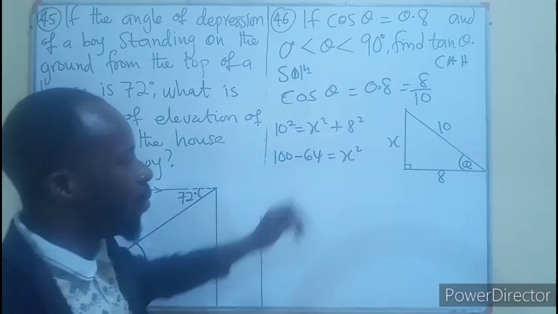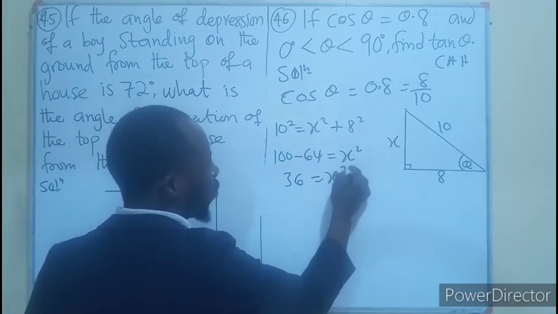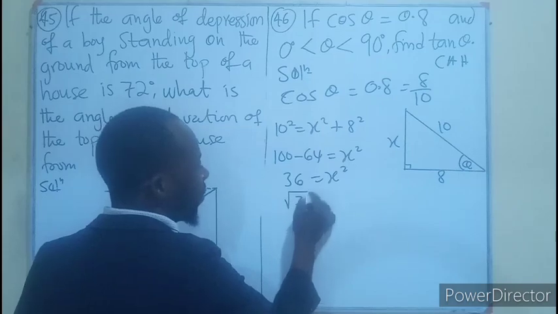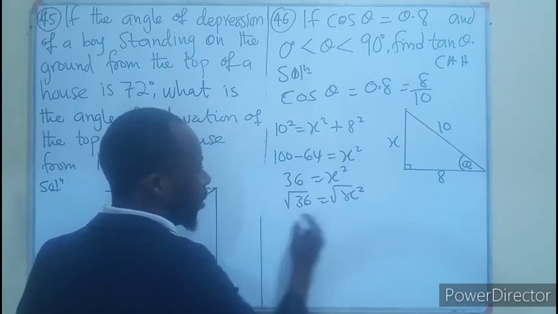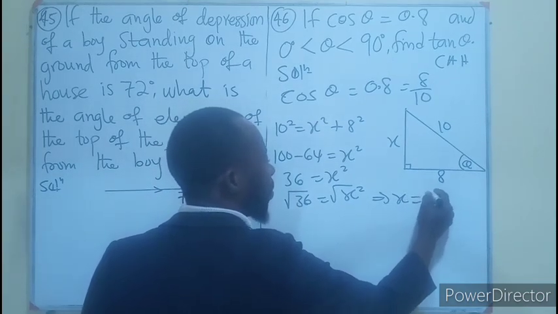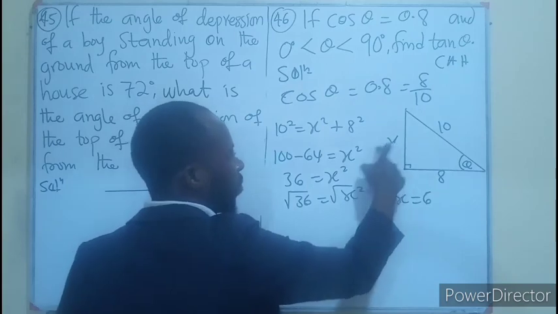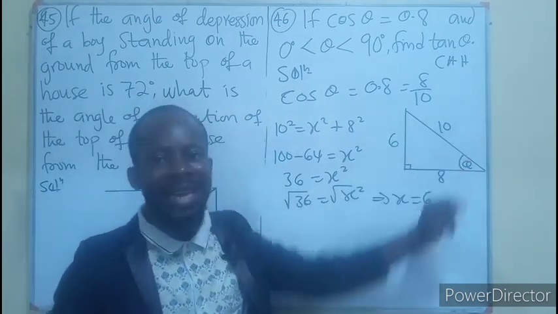I believe here will be 36. So 36 equals x squared, the root of 36, the root of x squared, meaning your x is just going to be what? 6. Meaning this is going to be 6, as 8 and 10 is there.